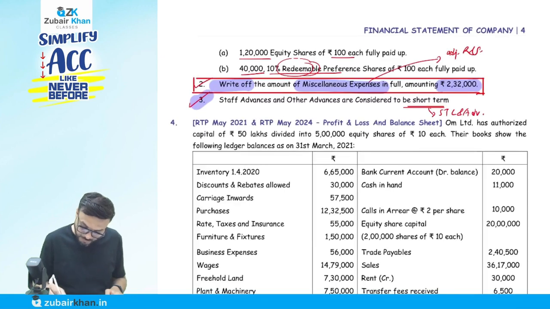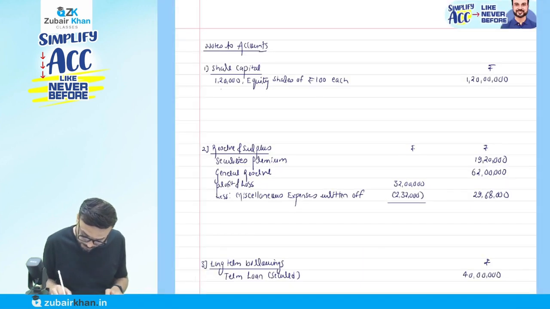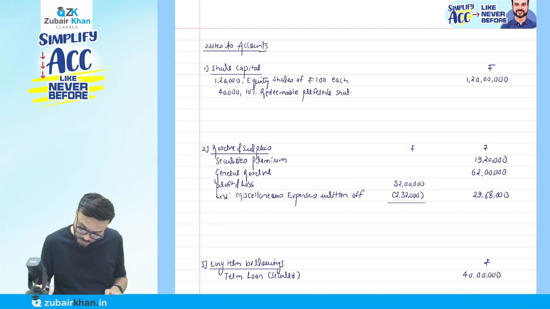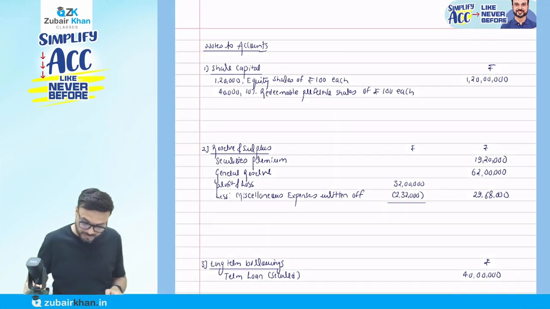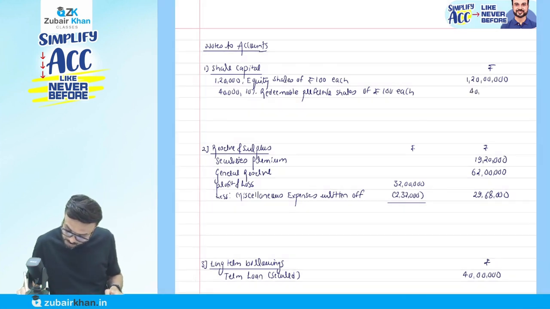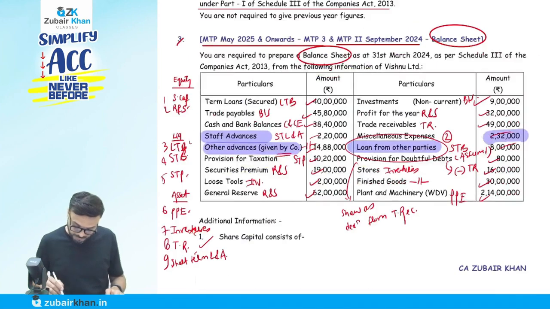Then we have 40,000 10% redeemable preference shares of rupees 100 each. So 40,000 multiplied by 100, that is 40 lakhs. Done. Okay, so we have written all the points here.